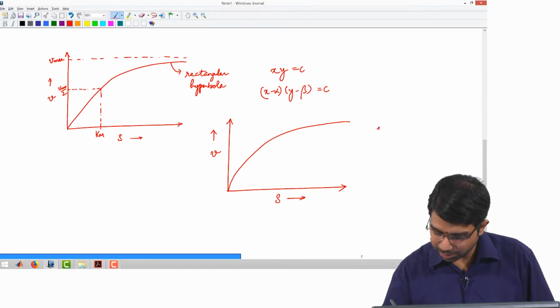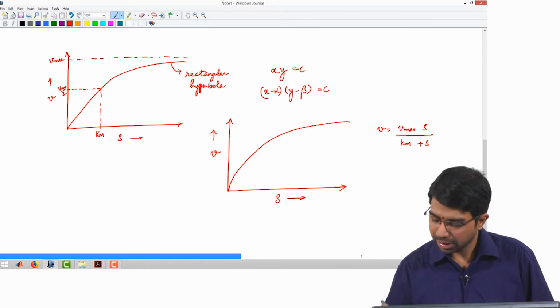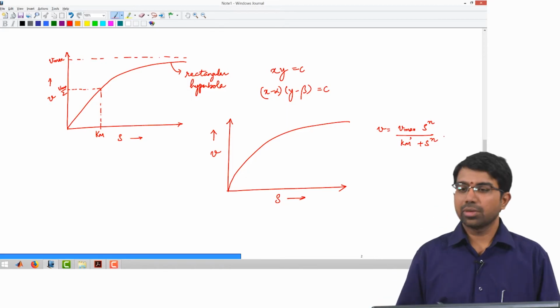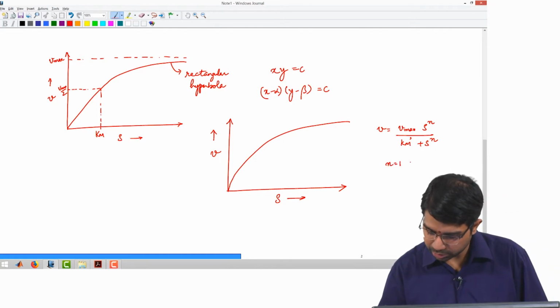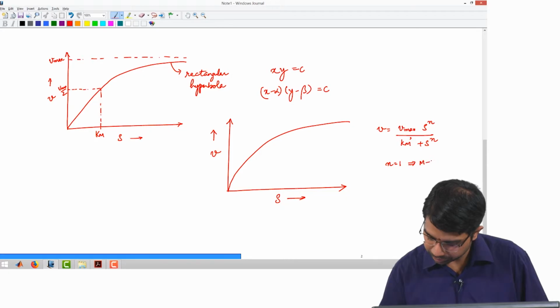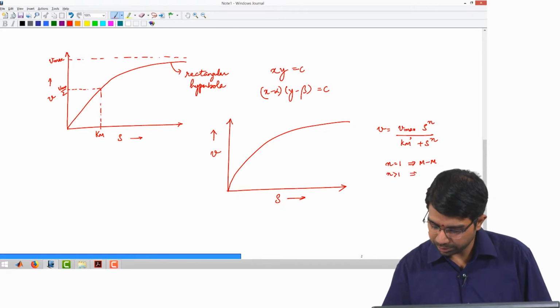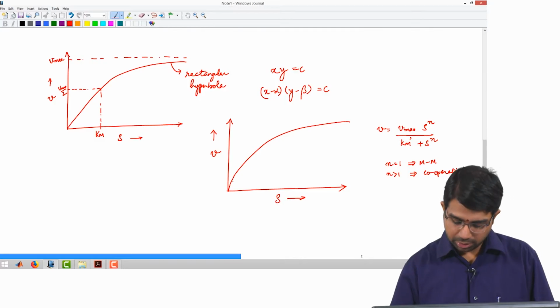So, this comes from the equation V equals V max into S by Km plus S, except you have a different Km and you have an exponent. N equals 1, classic Michaelis Menten kinetics, n greater than 1, cooperativity.